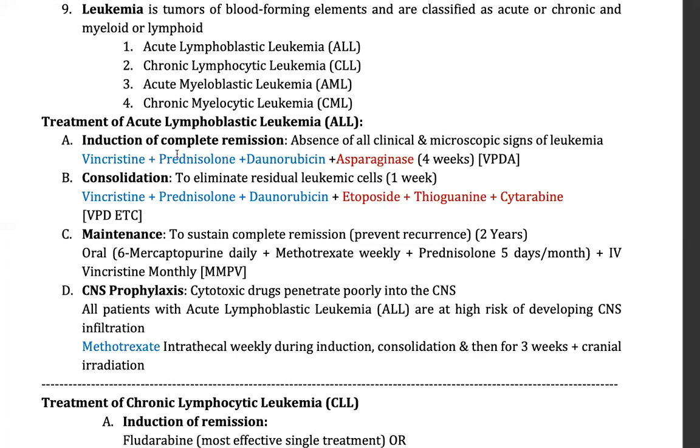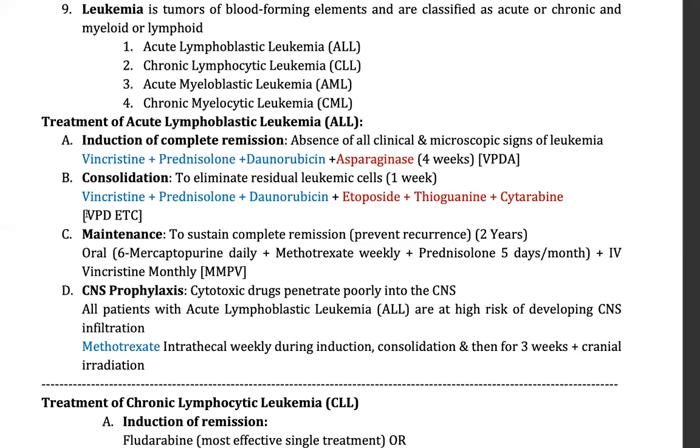Three drugs are the same here. Vincristine is the same, prednisolone is the same, daunorubicin is the same. But asparaginase is replaced by three more drugs. Here, A is replaced by ETC, that is etoposide, thioguanine, and cytarabine.